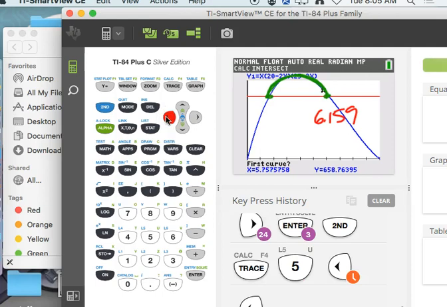Yeah, I figured I'd have to go to the computer for that one. That's the one piece that just doesn't work very well on this thing. Come on back down. There it is. Enter, enter, enter. 1.659 with rounding.